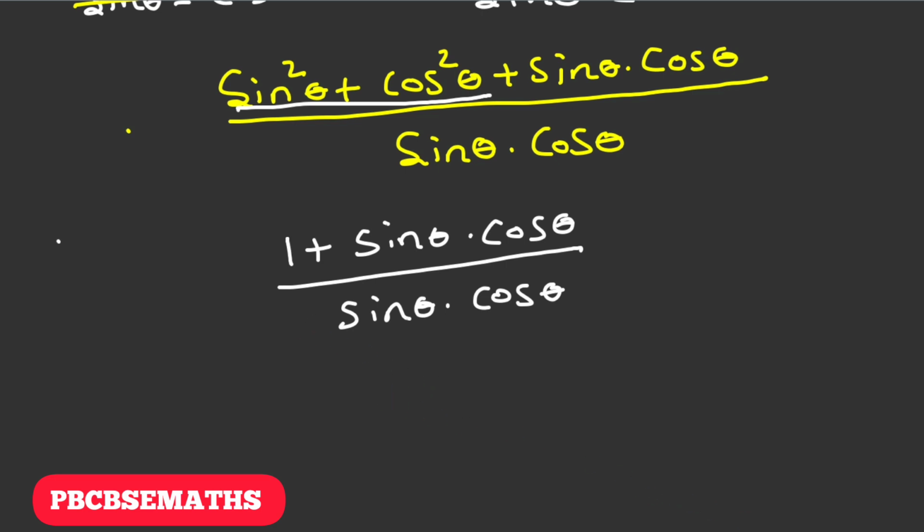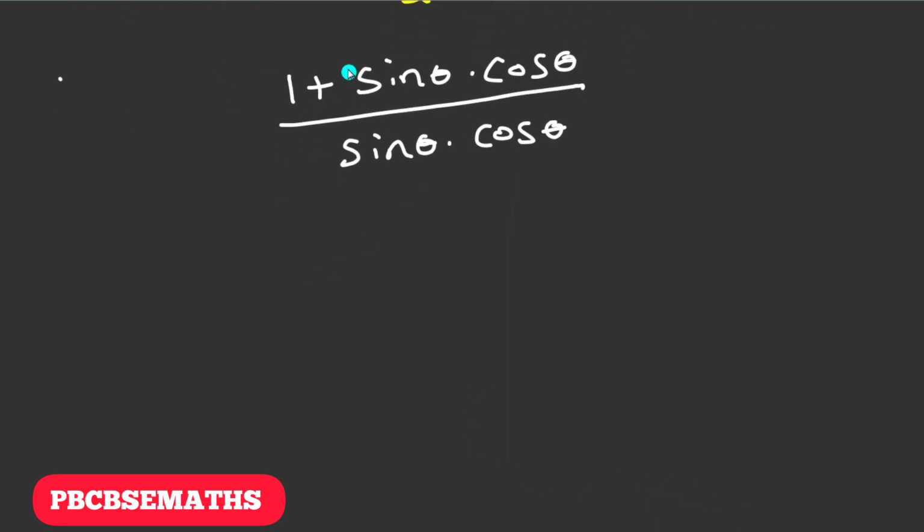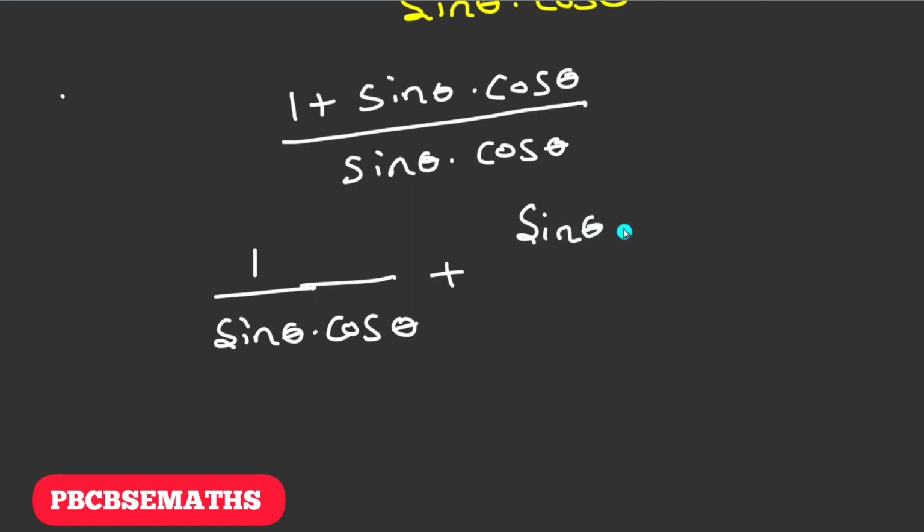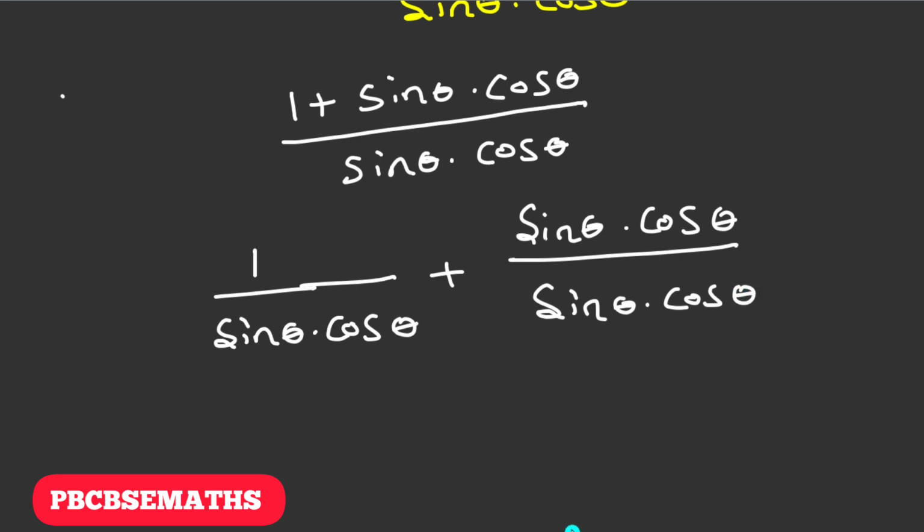Further, this can be written as, we can split this denominator part to both these two numerators. So we can write 1 divided by sine theta into cos theta plus, here we can write sine theta into cos theta whole divided by sine theta into cos theta.